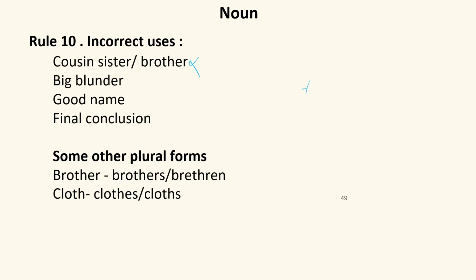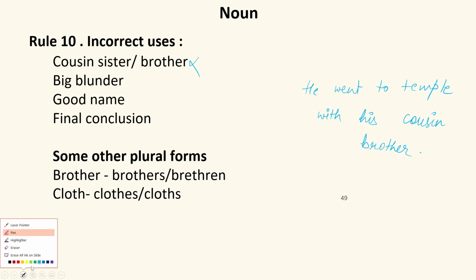For example, he went to temple with his cousin brother. Now, is this sentence correct? No, the sentence is incorrect. Why? Because we cannot use the word brother with the word cousin. So the correct sentence will be he went to temple with his cousin.